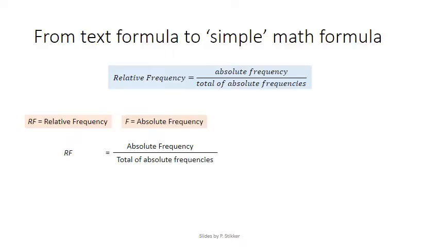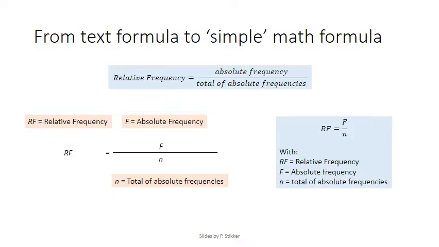For the absolute frequencies, we can use simply F, and for the total number of absolute frequencies, we can simply use N. So combining all of this into one small overview, we now have a lot shorter formula: RF equals F over N, with of course RF being the relative frequencies, F the absolute frequencies, and N the total of the absolute frequencies.